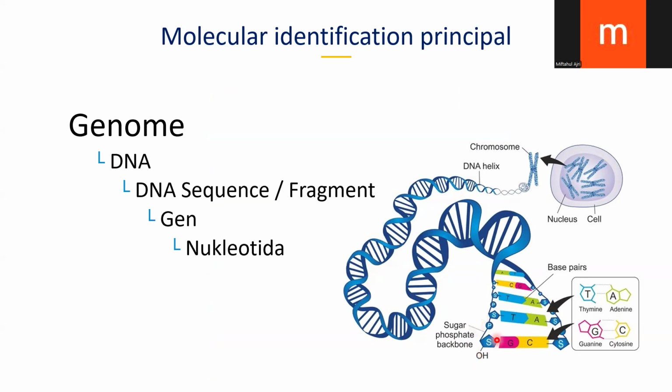Because some of the nucleotide sequences are the same between one species and another, but there are nucleotide sequences that are different between species, and they are used as markers for species identification. The region that consists of specific nucleotide sequences, for example, is the internal transcribed spacer or ITS.